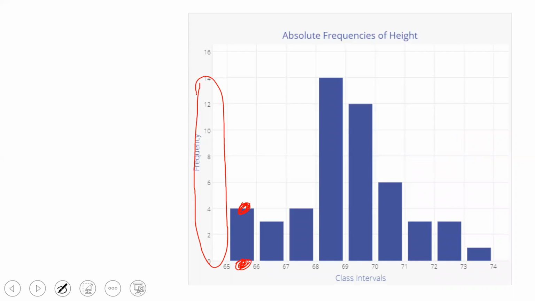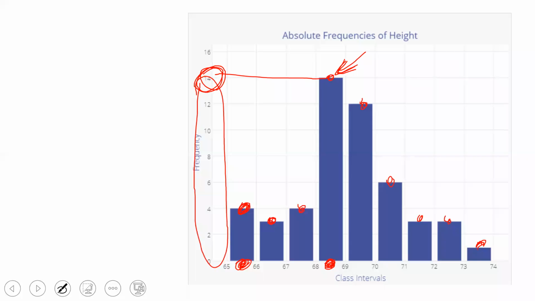But if I convert this frequency into probability, then it will become a probability distribution function or table. Suppose I go to any value, it will give me the probability of that outcome.